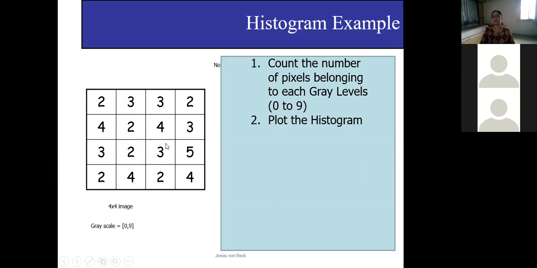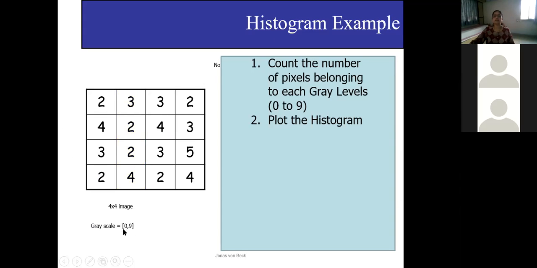So now let us consider one example to understand what is the meaning of histogram. Okay. So again, we are considering the same image with size 4 by 4. And here we are assuming that there are gray scales in the range. Pixels are taking various values between 0 to 9.